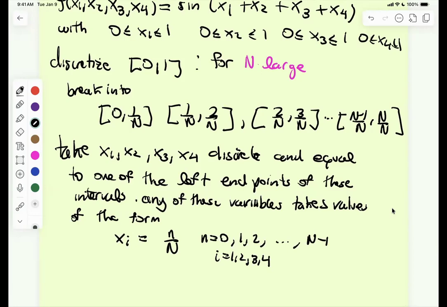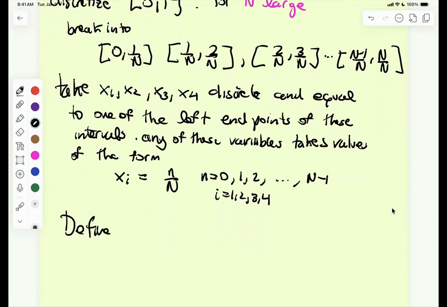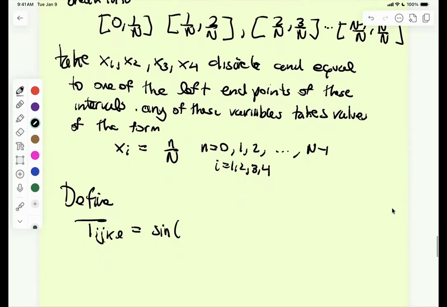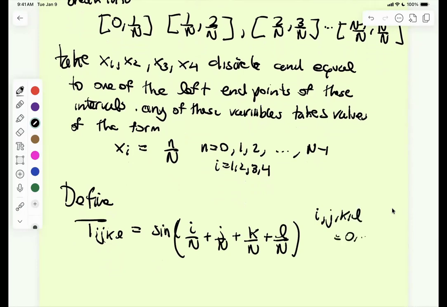So, I'll define a tensor of order 4, T_ijkl, which is just going to be the sine of i over n plus j over n plus k over n plus l over n, where again i, j, k, l go from 0 to n minus 1.